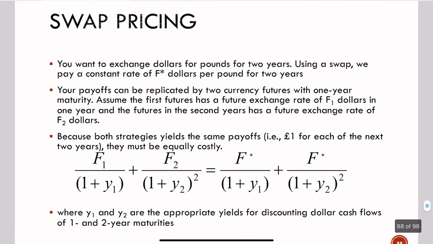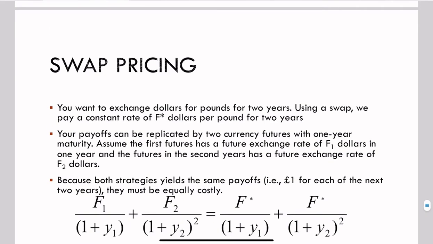So now, let's say you want to exchange dollars for pounds for 2 years, right? Now you could first use a swap. So let's say you'll first use a swap agreement. In this case, let's say at the end of the first year, you will receive £1 and you will pay F star dollars.